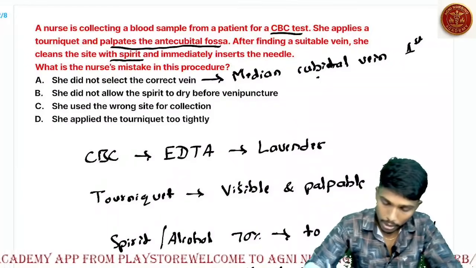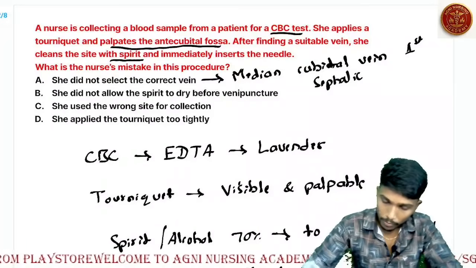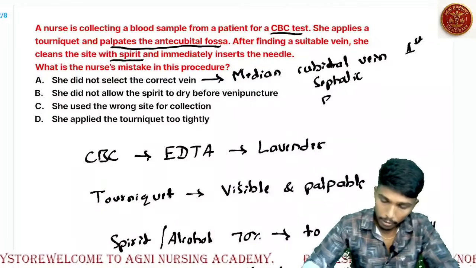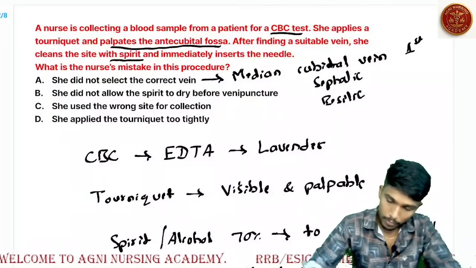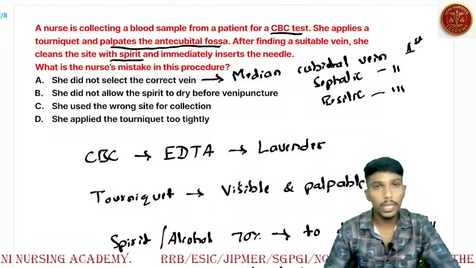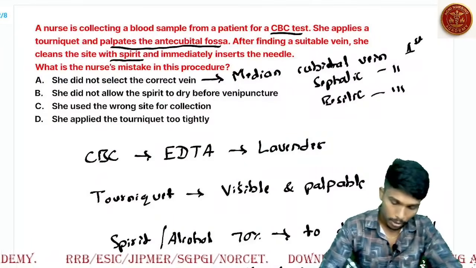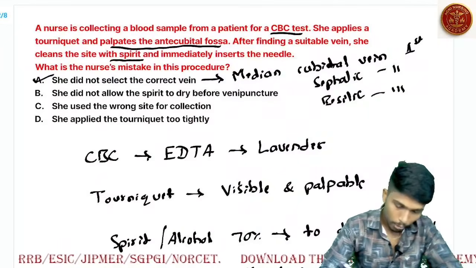Otherwise, we use the cephalic vein, which is second, or the basilic vein, which is third. So she selected the correct vein for the blood sample. This is also a correct point.